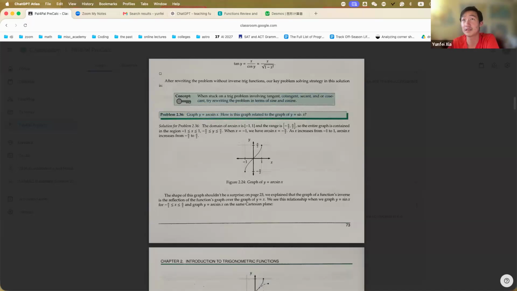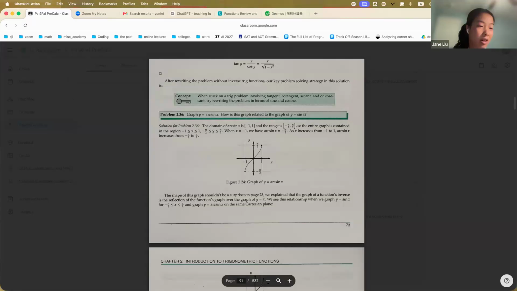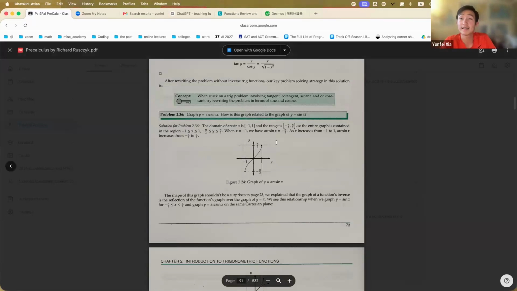You're able to answer this question even without any knowledge on sine, arcsine. Okay, so the answer here is that they're inverses of each other. So it's like a reflection over y equals x.